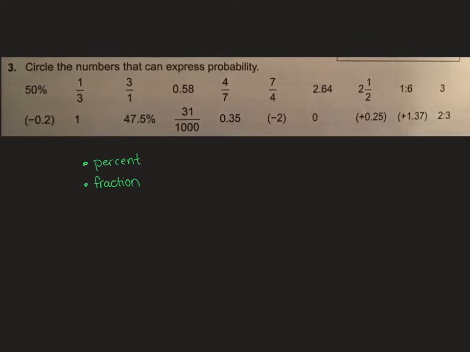Can the percent be more than 100%? No, right? Has to be less than 100%. Can the fractions be more than 1, right? They have to be equivalent to 1 or less.